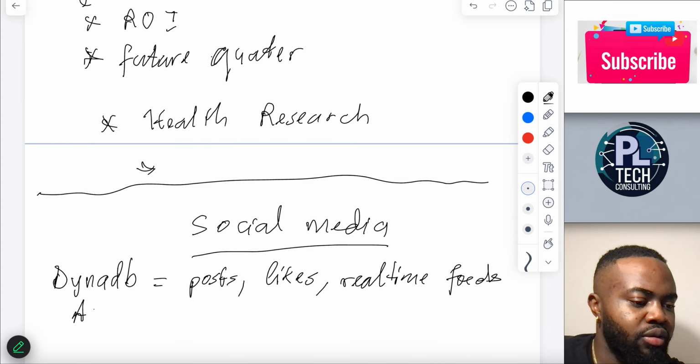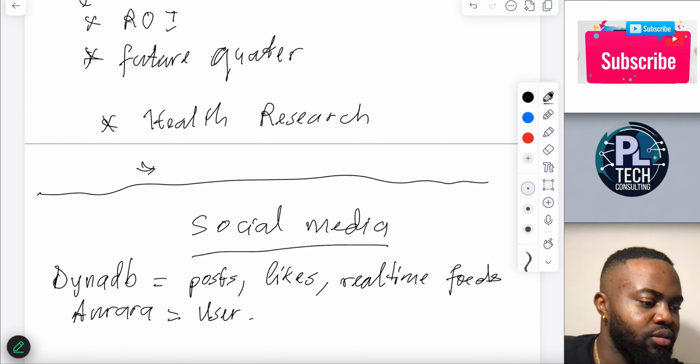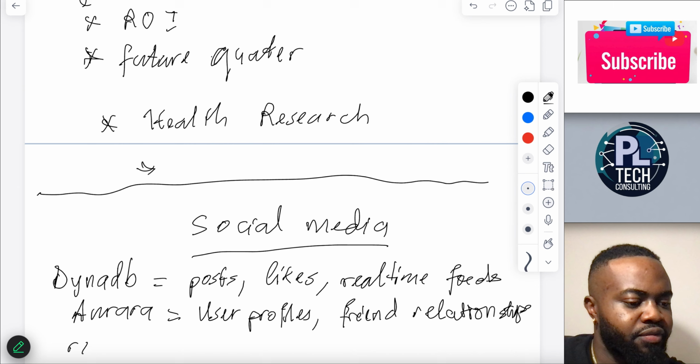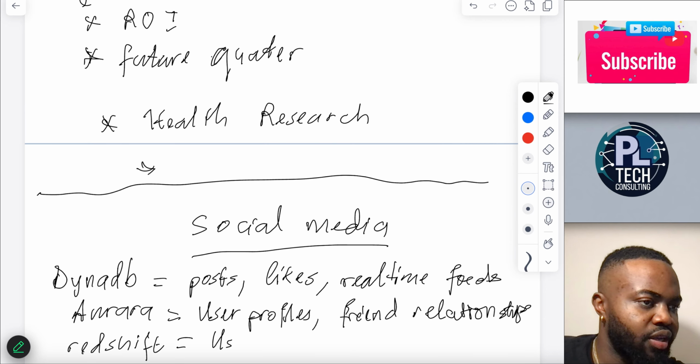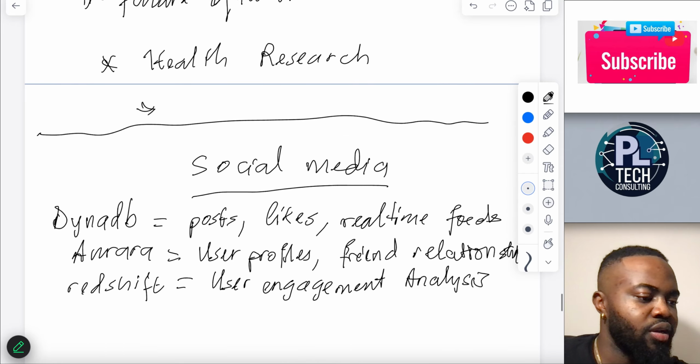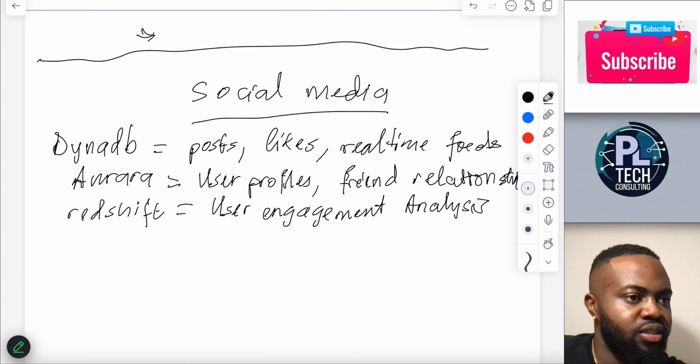And then maybe Aurora will be good for user profiles, friend relationships, and Redshift will be good for user engagement analysis over time, right? Things like that. This will help them create better features and things like that, right?